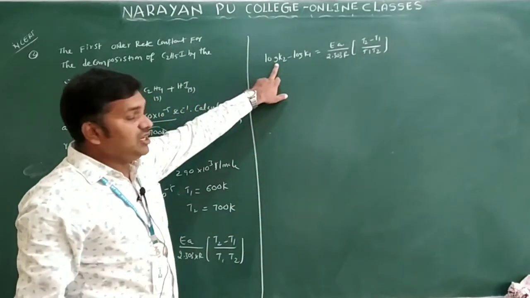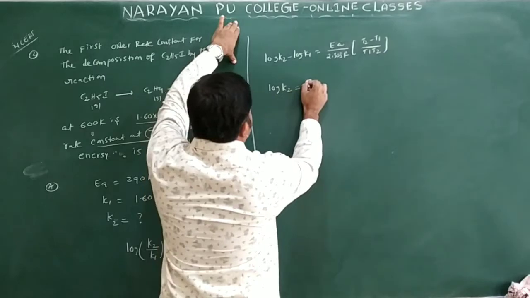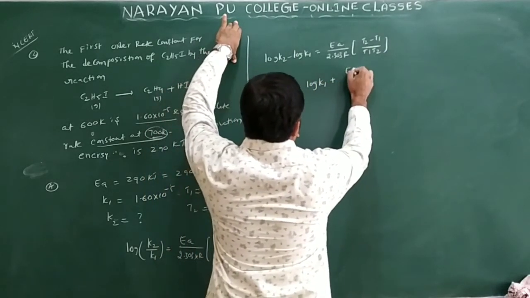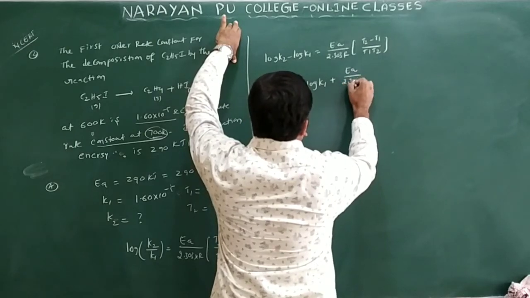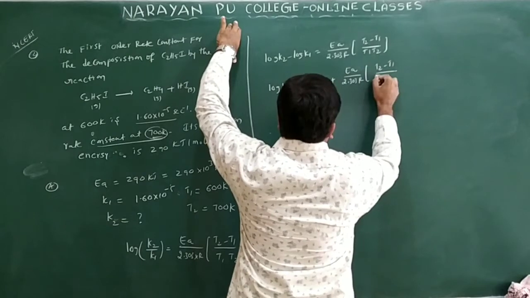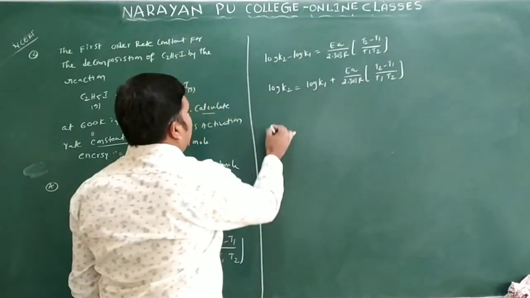So you can find out K2. I want to write this: log K2 is equal to log K1 plus Ea by 2.303 R into T2 minus T1 by T1 T2. Let us substitute the values we have.